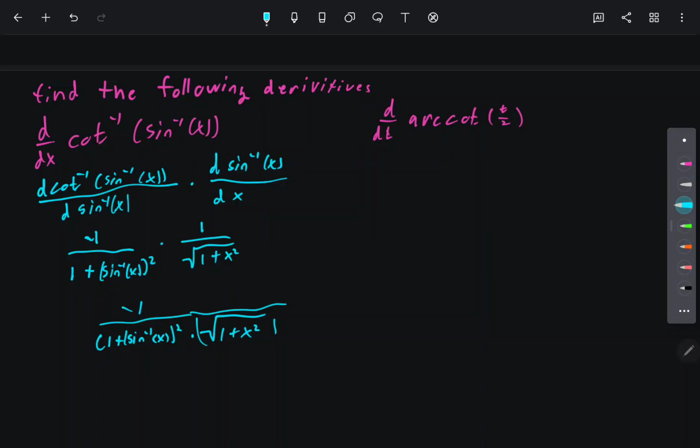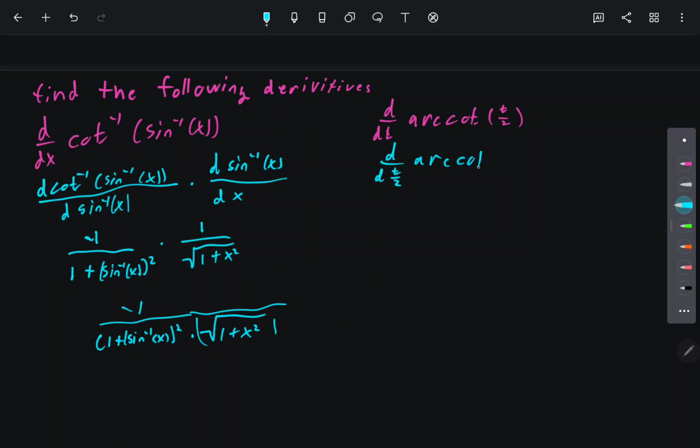Alright, continuing on for this arc cotangent. Once again, a chain rule derivative, but this one isn't really that bad. I did both arc cotangents for this, and that's fine. So we are going to take d over dt of arc cotangent of t over 2, which I don't think is proper notation, but I'm going to call it proper notation.